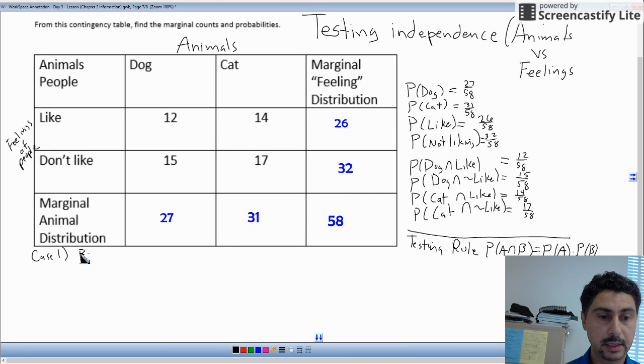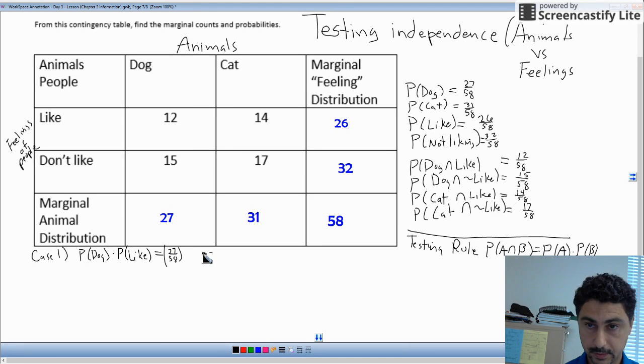The probability of the dog times the probability of liking. I'll write down each one: 27 over 58 times 26 over 58. I hope you can see this, but I'm going to use my calculator on the screen. If not, you can do this on your calculator as well.